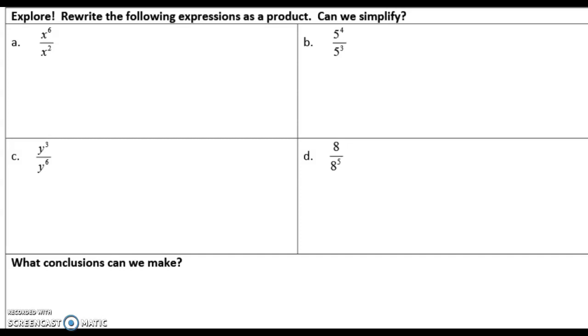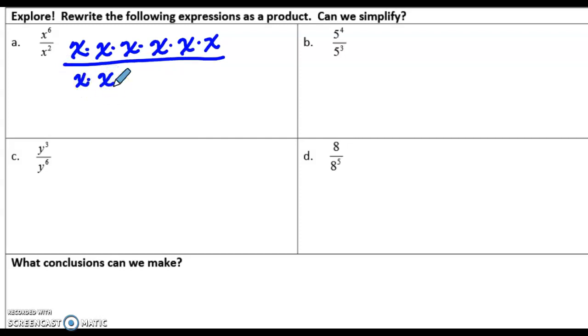So we're trying to make this a little bit cleaner. X to the 6th over x squared is the same thing as if we had 6 x's in the numerator over 2 x's in the denominator. And that's just the expanded version of it.